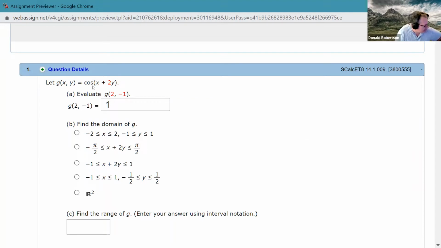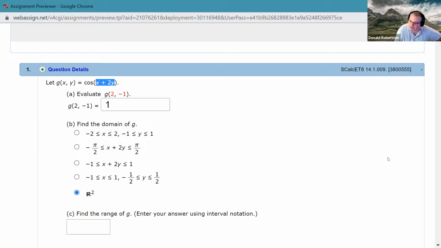Okay. Now, this function here has a domain. That's usable values of x and y. Would you agree that you can use any x and any y you like inside the cosine? You're going to get a number, right? The cosine of 50 million or minus 50 million does exist, right? You could get a value for it. So there's your domain.